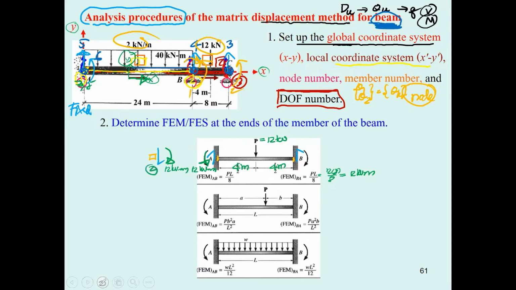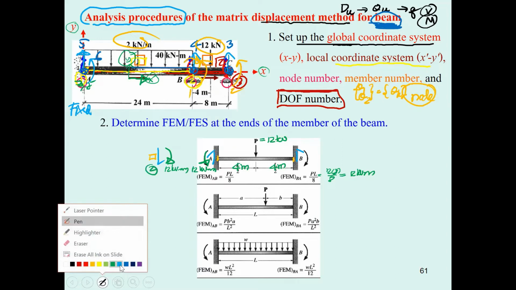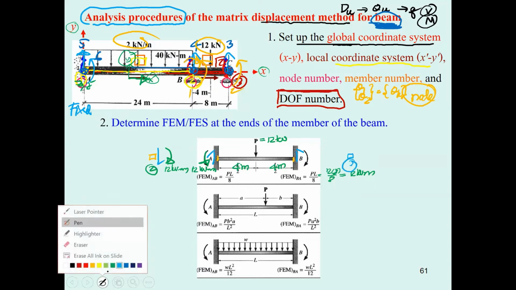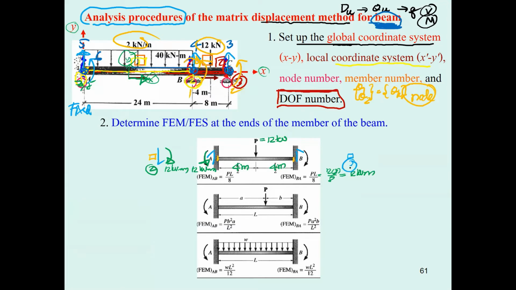Okay, and then also for this side, you have another one that is going to be node number 3, as you can see, and then the shear will be downward over here, and the moment will be the same value in the opposite direction to this.